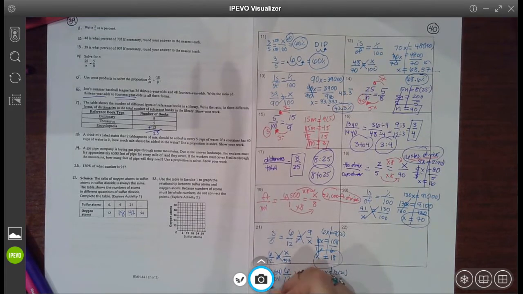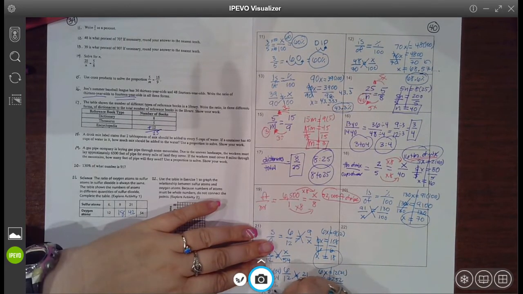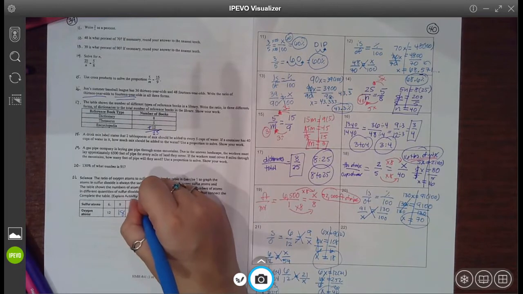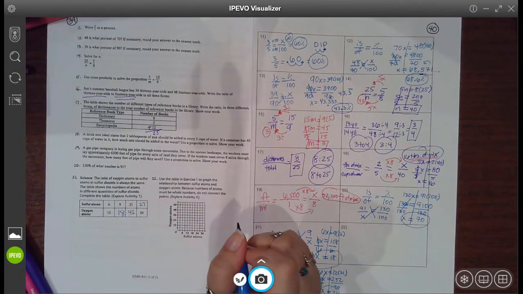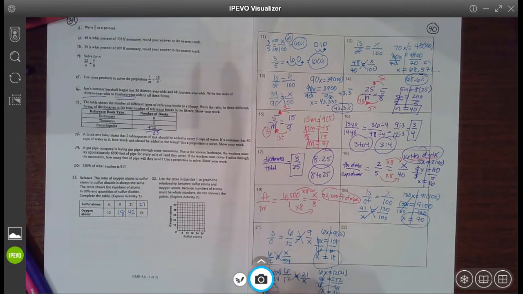And to get x by itself, you would divide both sides by 12. 324 divided by 12 is 27. So this last one would be 27 right there. Now, that's one way to do it.